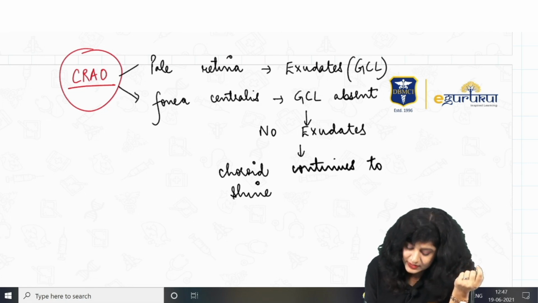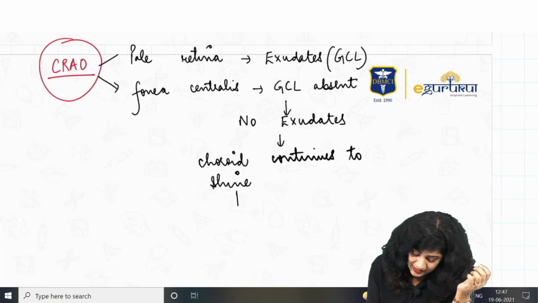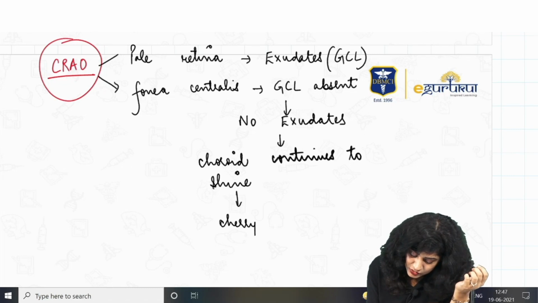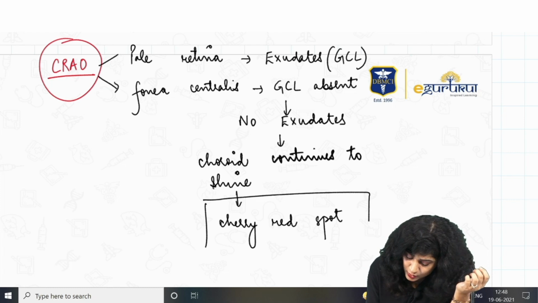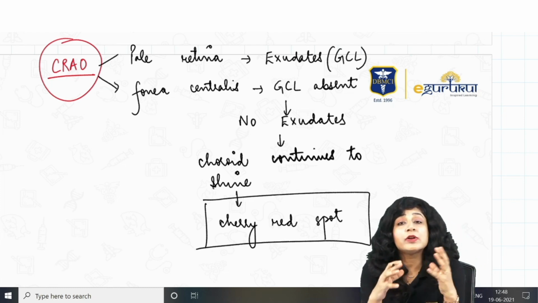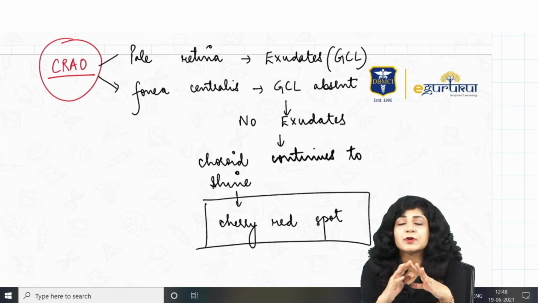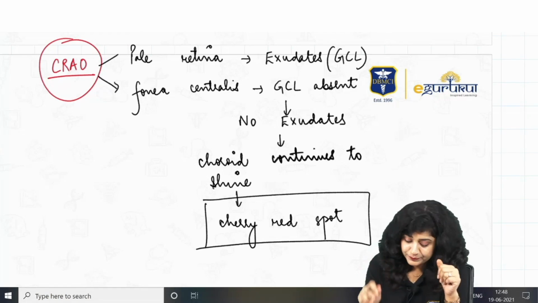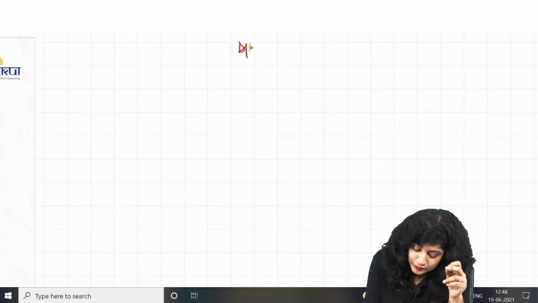We do not have any exudation here, and that is the reason why we have the cherry red spot. A very important thing: the cherry red spot is not due to any blood or pigment; it is the only normal area that continues to shine through the fovea centralis, because you do not have the ganglionic cell here. Now another important thing is the differential diagnosis of the cherry red spot.